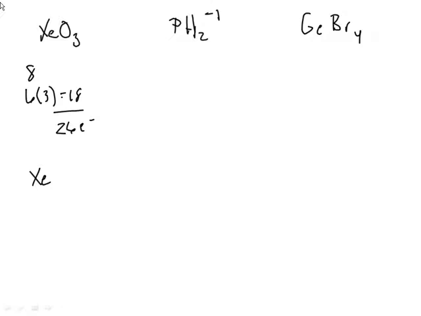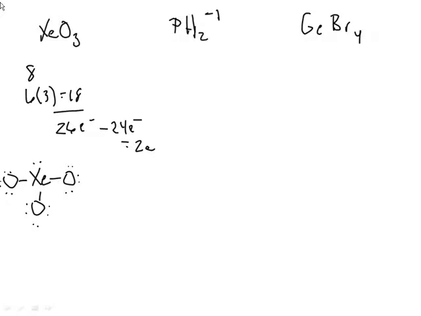So I've got xenon, I've got each oxygen, and I'll find that I have a bond to each oxygen, and then each oxygen has access to 8 total electrons. That will have used up 24 electrons, and that will leave me with 2 left, and they will go on the xenon.